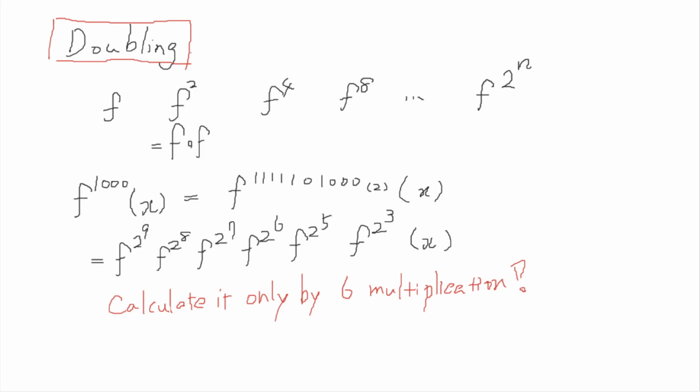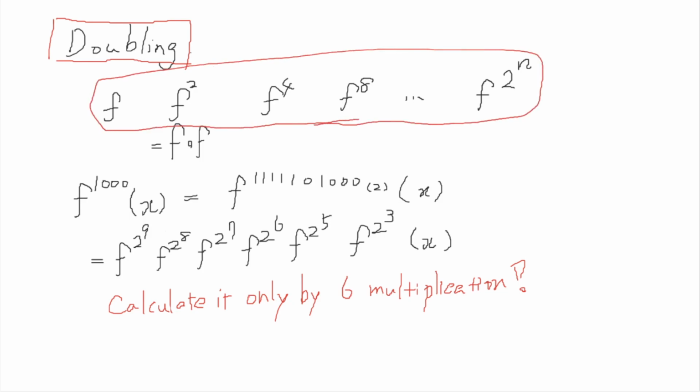In the doubling method, we want to know these functions, so we calculate these functions in advance. f squared means the function composition of f and f. And f to the fourth is the same, which means the function composition of f 4 times, and so on.